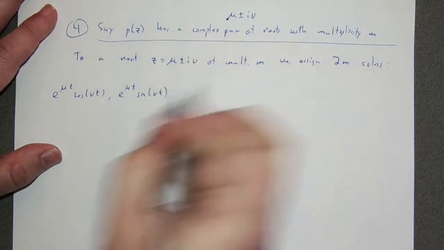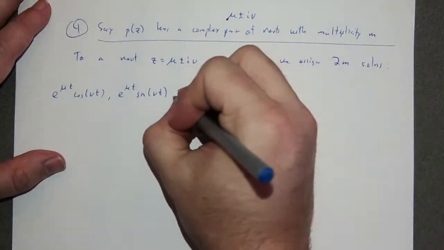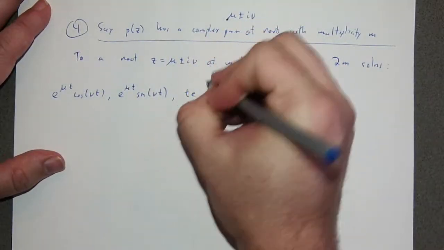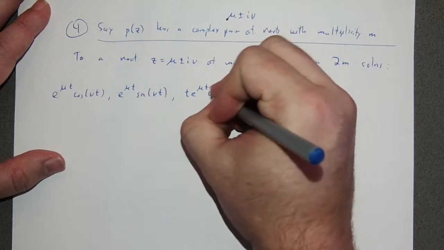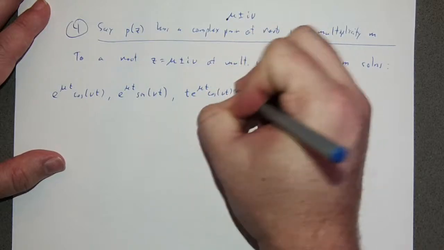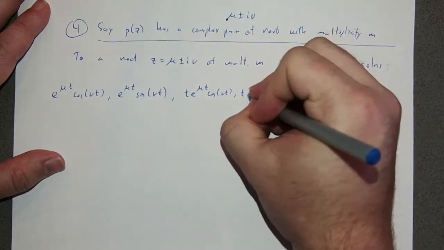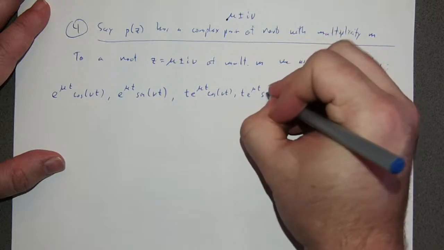This is the 0th term. Then I have t e to the mu t cosine nu t, and t e to the mu t sine nu t.